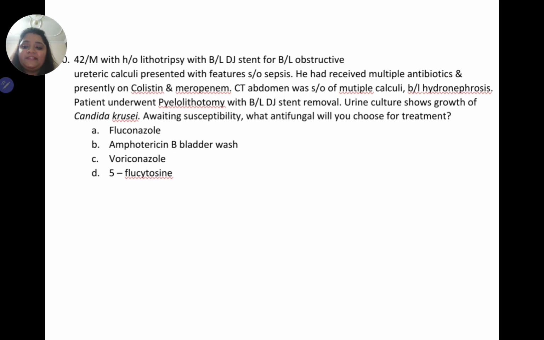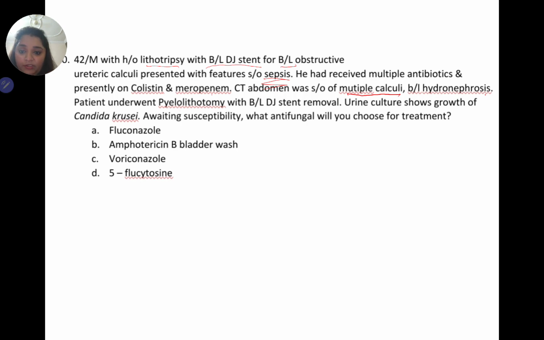A 42-year-old male with history of lithotripsy and bilateral DJ stent for bilateral ureteric calculi presents with features suggestive of sepsis. He had received multiple antibiotics and is presently on colistin and meropenem. CT abdomen was suggestive of multiple calculi which are still present, and bilateral hydronephrosis due to obstruction by the calculi.